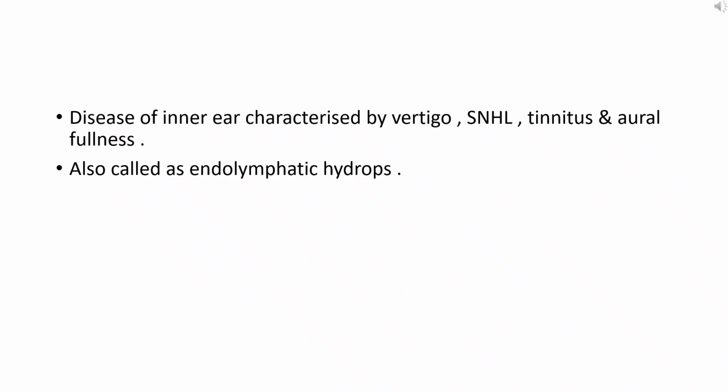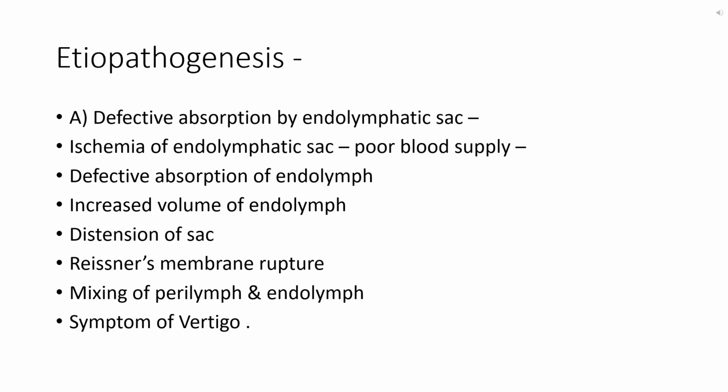Okay, now coming to the etiopathogenesis of this condition. The most common mechanism explained for the etiology of Meniere's disease is defective absorption of the endolymph by the endolymphatic sac. It can be due to various reasons such as ischemia of the endolymphatic sac, that is poor blood supply, or defective absorption of endolymph, or increased production or increased volume of endolymph, which will lead to distension of the sac.